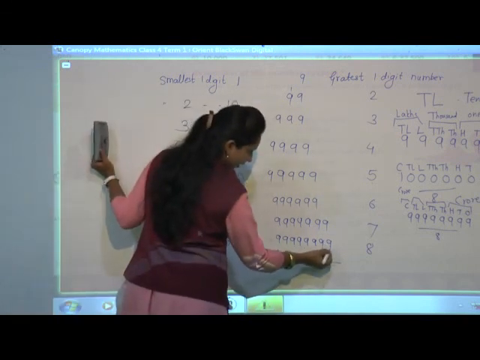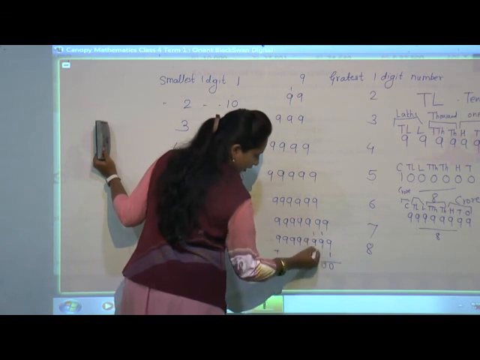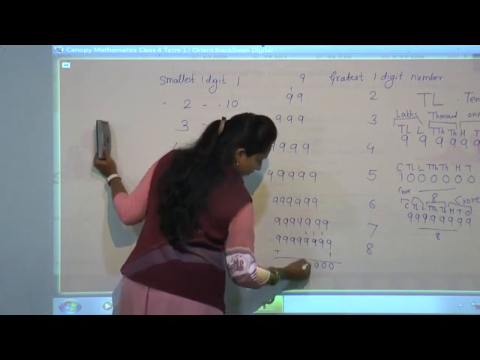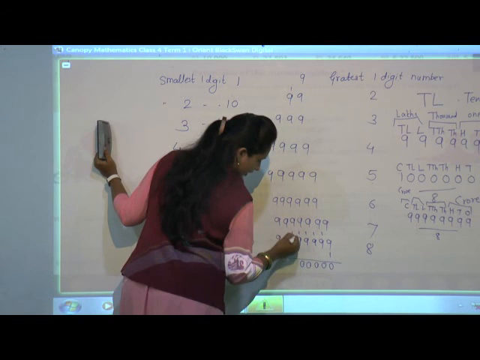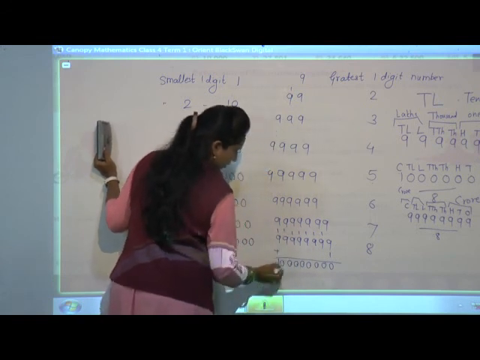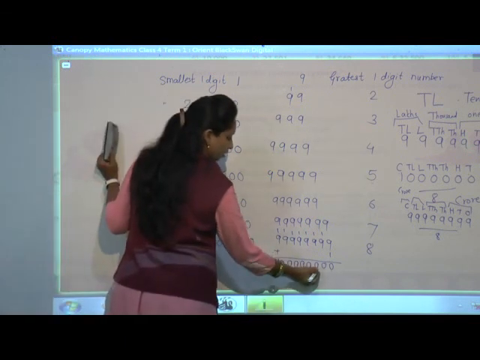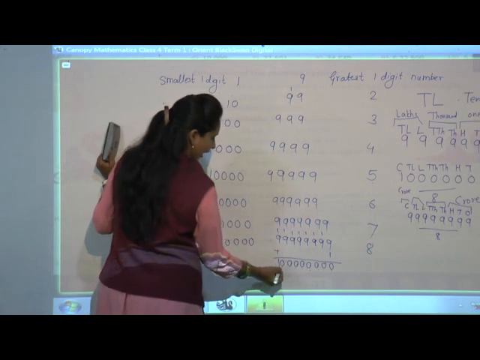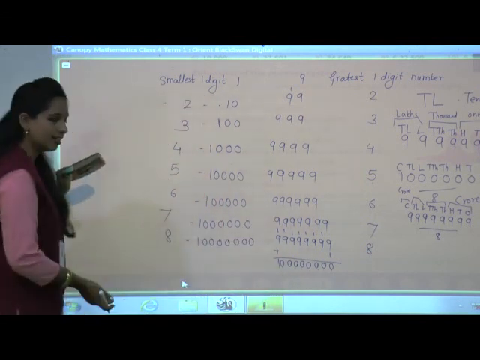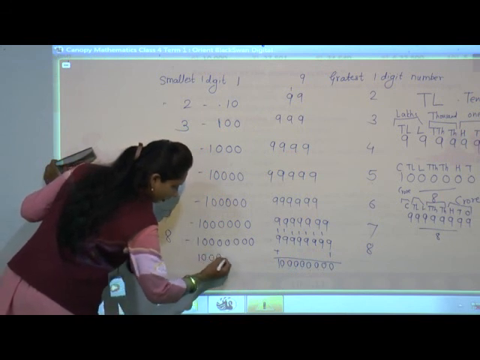Now let's add: 9 plus 1 is 10, repeated for every digit. Can you count these digits? 1, 2, 3, 4, 5, 6, 7, 8, 9. This is the smallest 9 digit number.